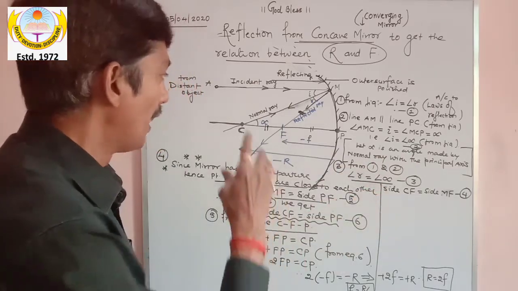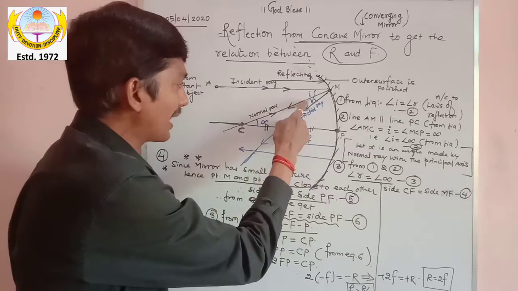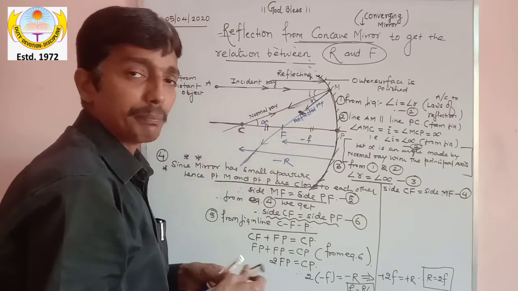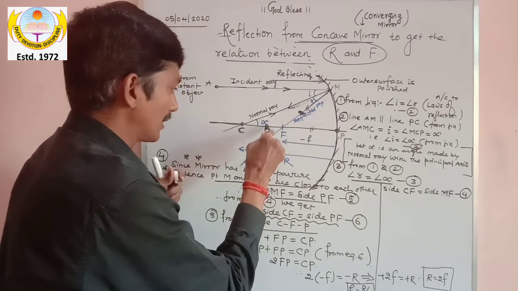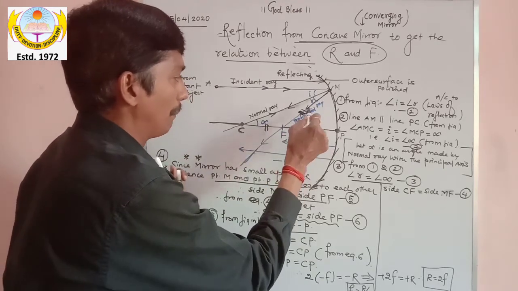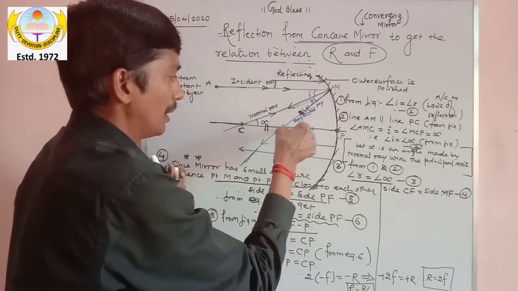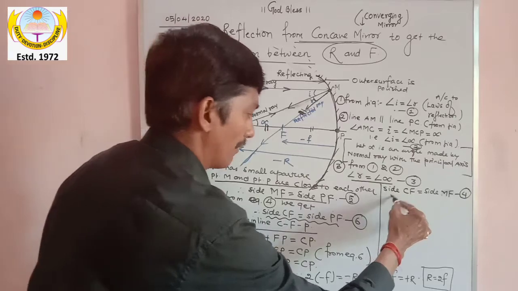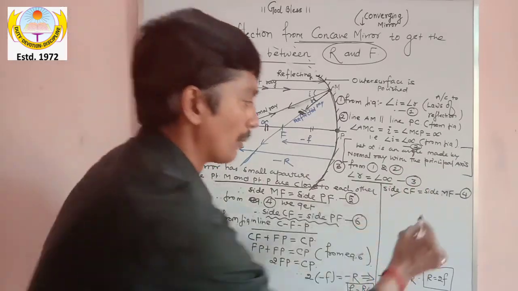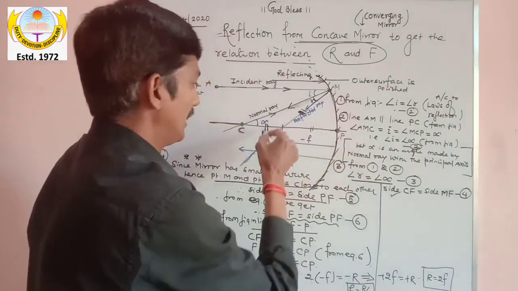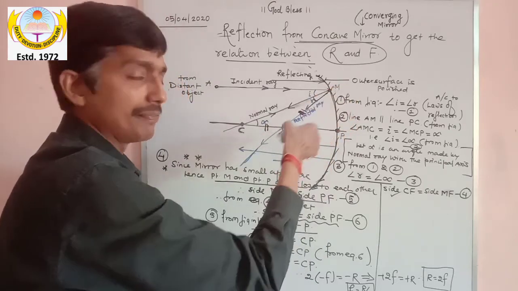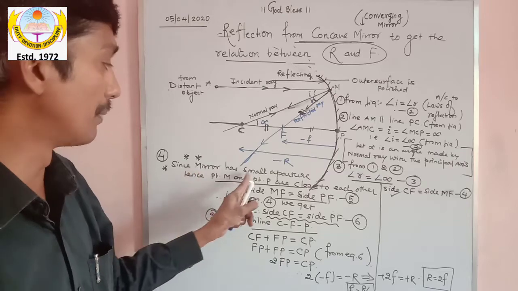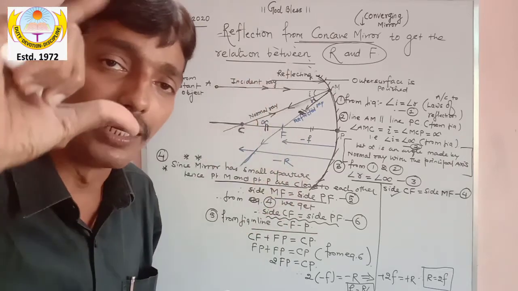And third point, after knowing that R and alpha are equal, when this angle and this angle are equal, which means that the side CF and the side MF will be equal if this angle and this angle are equal. So that's what I have written, that side CF is equal to side MF, like this. And then I will go for the next, a very important assumption, that the mirror has a very small aperture.